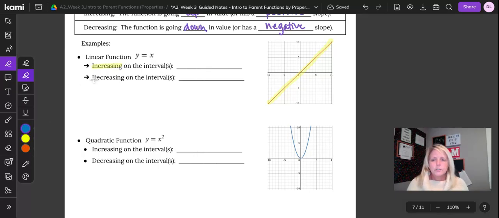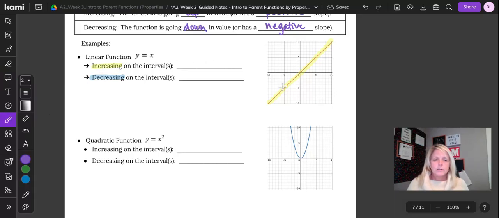Decreasing, I don't have any, and I don't have any that are constant. So increasing on the interval would be negative infinity to positive infinity, and then decreasing would be, let's see, none, NA, no solution.